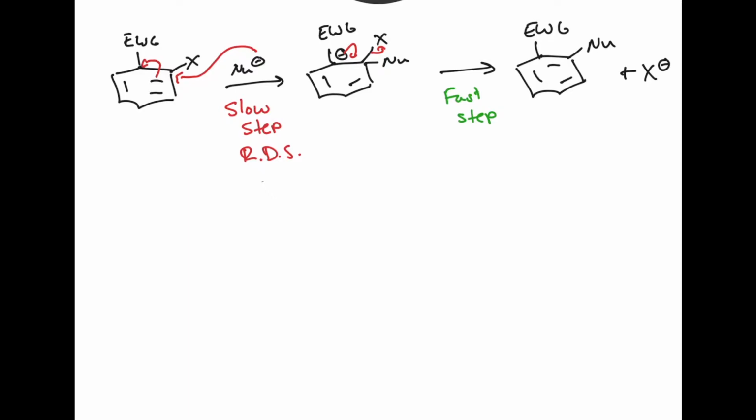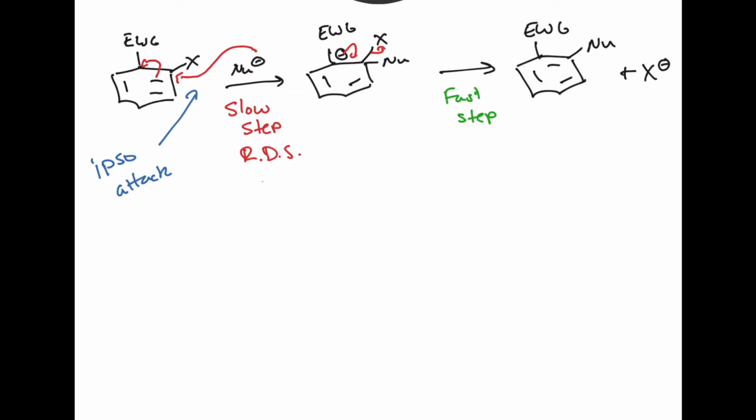The addition of the nucleophile to the carbon that has the halogen is called an ipso attack. Ipso is basically just a fancy term for attacking a carbon that already has a substituent on the aromatic ring. So you're kind of adding two things to the same carbon. So that first step is an ipso attack when you add the nucleophile to that.